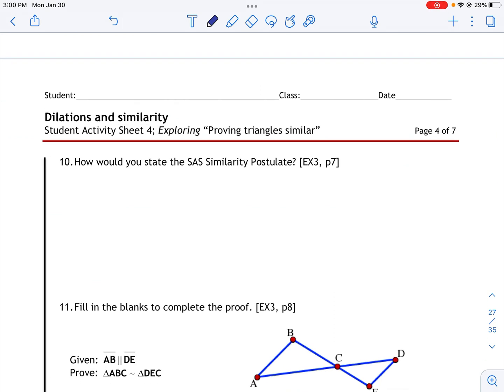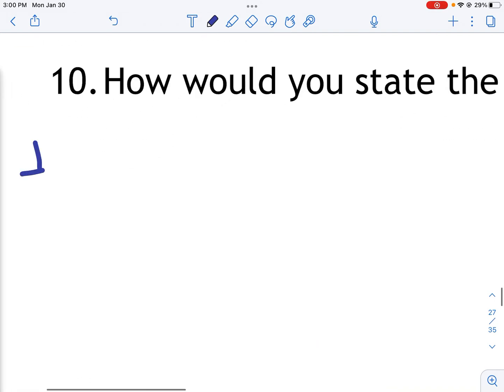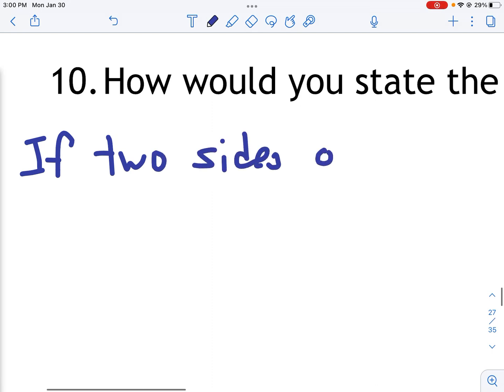So how would I actually write this out in terms of the rule that you guys can use? So for number 10, how would you state the side angle side similarity postulate? We would state it like this.